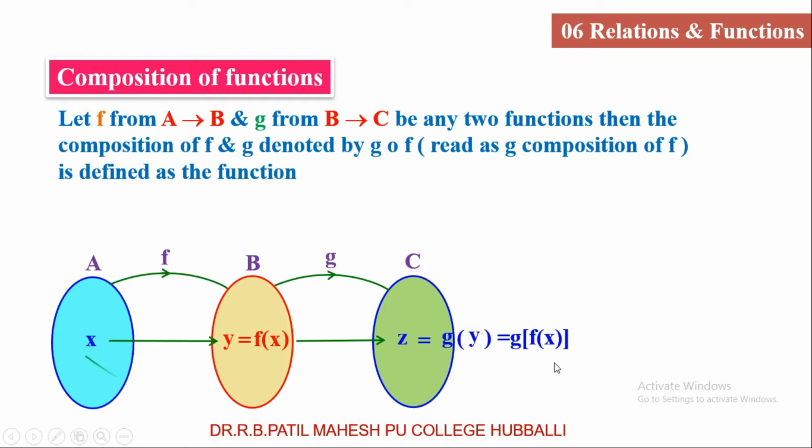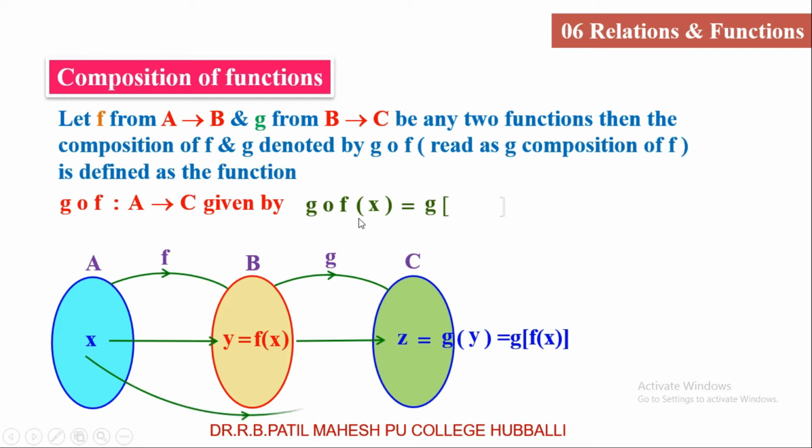There exists a new function that you can see. There exists a new function from the set A to the set C and it is denoted as g composition f, g small circle f. So that is defined by g composition f from A to C given by g composition f of x is equal to g of f of x.